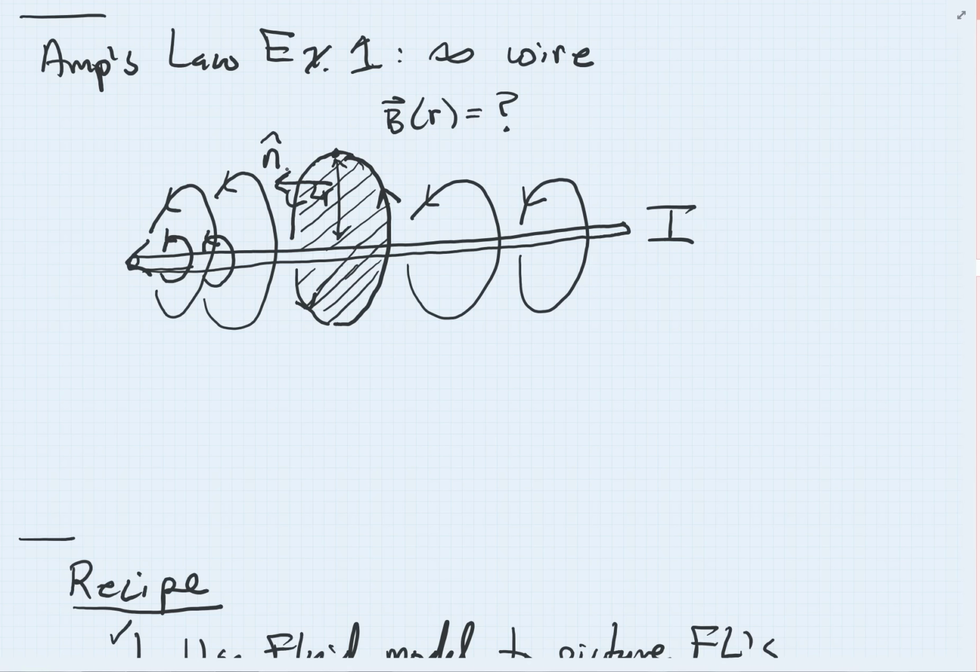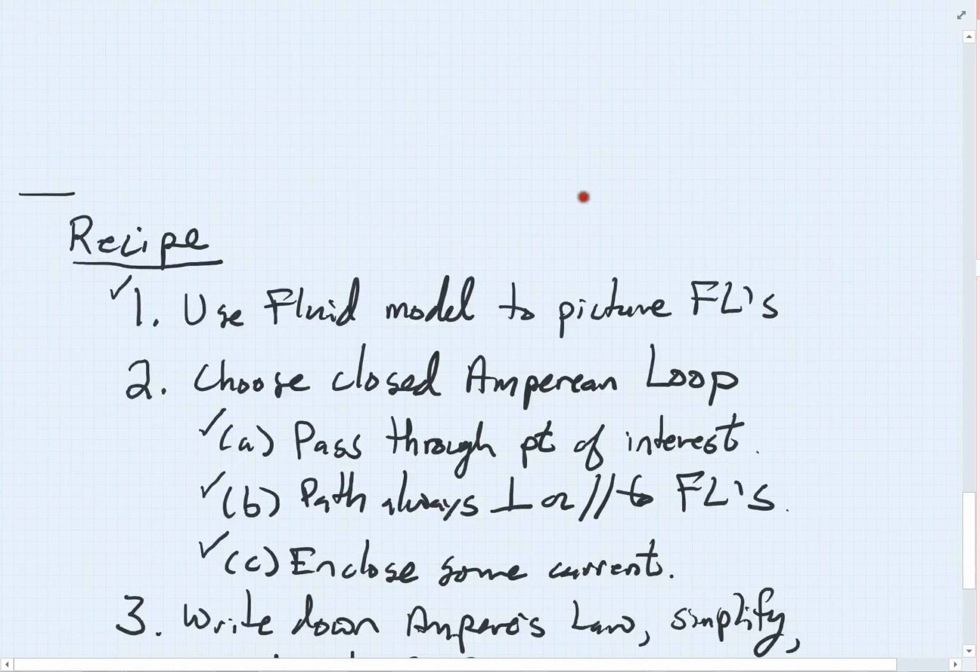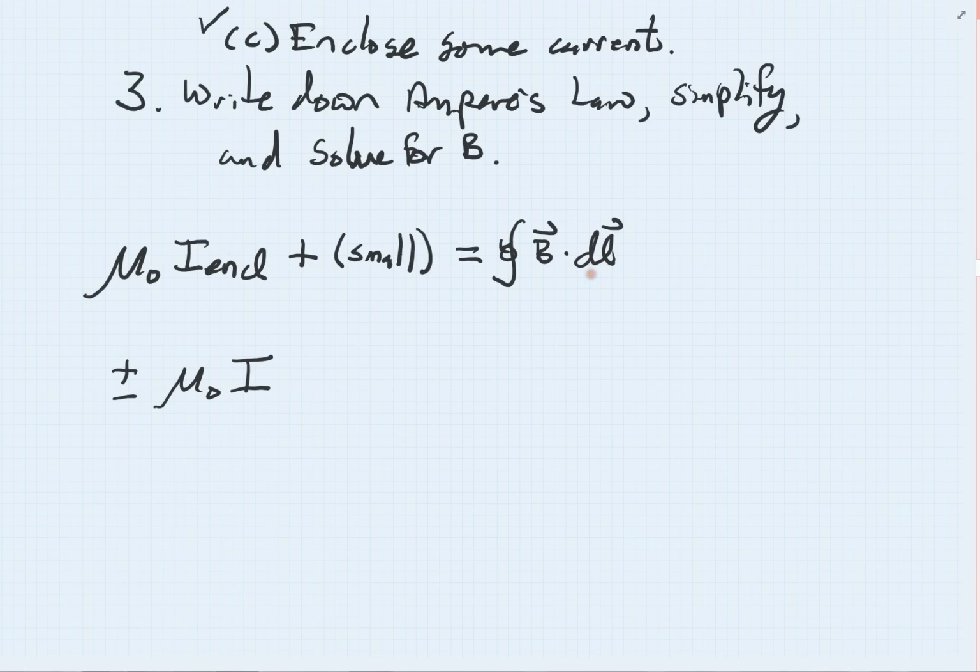And this is the key. The sign that we have to assign to the current is positive if the current goes through in the positive normal direction, which is what's happening in this case, or it's negative if the current is flowing in the opposite direction. But remember, the current is flowing here in the same direction as n hat, so I can safely choose the positive sign in this particular case.